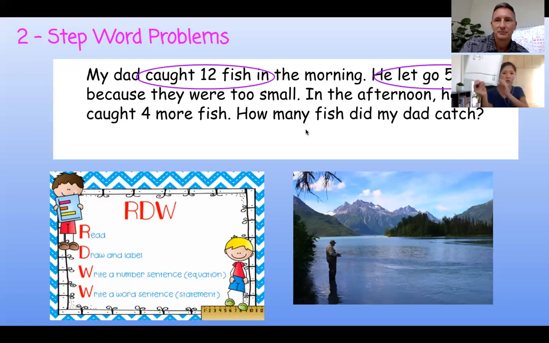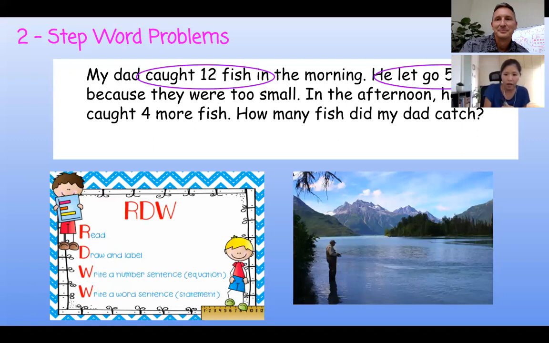Since it's a subtraction, I'm going to start on 12, and I'm going to go back 5. 1, 2, 3, 4, 5. And I know that's 7 right there, because I know going back 2 lands on a 10, my closest 10, right? And then 3 more. So I land on 7.